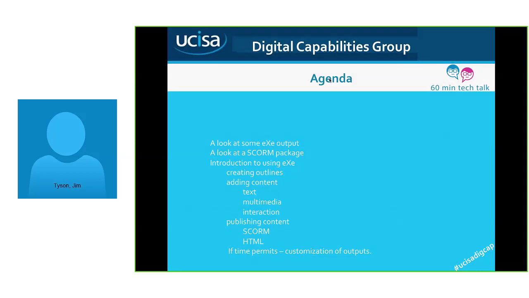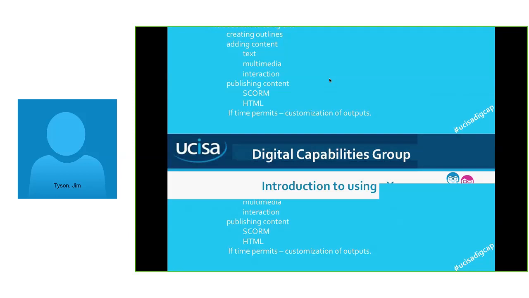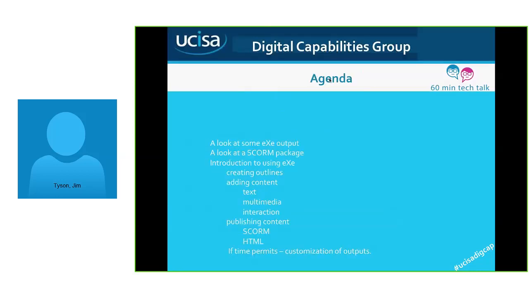And then the main part, I suppose, will be taken up with me demonstrating how easy eXe is to use, and then finally publishing some content and taking questions. So that's my agenda, and I'll go through that now, unless anybody before I start has any questions.